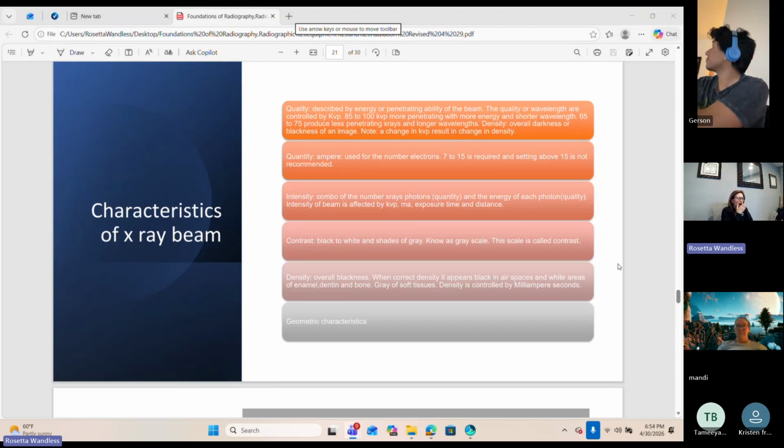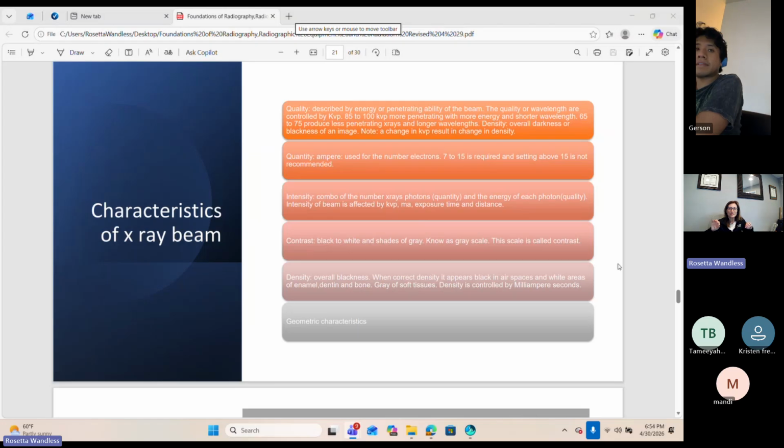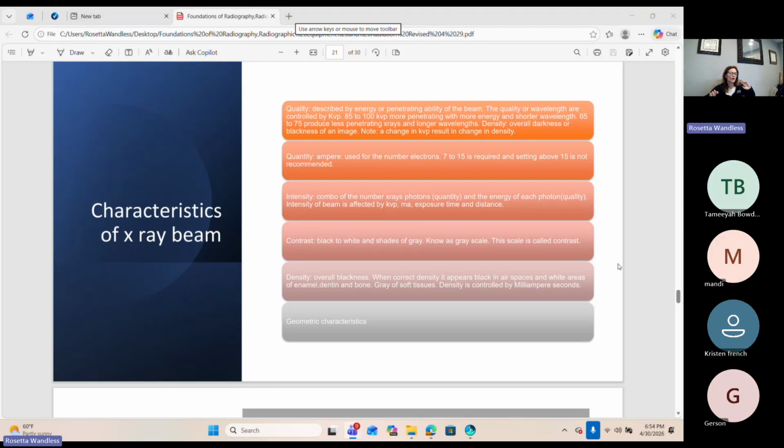So quality is controlled by kVp, which is the penetrating power, that higher energy. That's what we want. We know the ranges now. 65 to 75 are the lower range. 85 to 110 are the higher range. Typically, our regular intraoral x-ray machines, the ones we take pictures in the mouth, are going to be in that 65, 70 range.